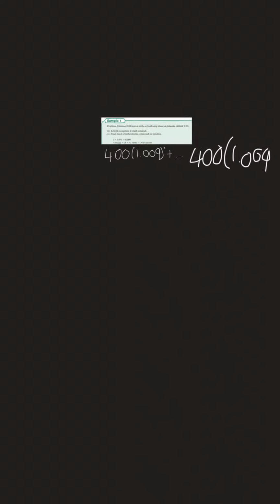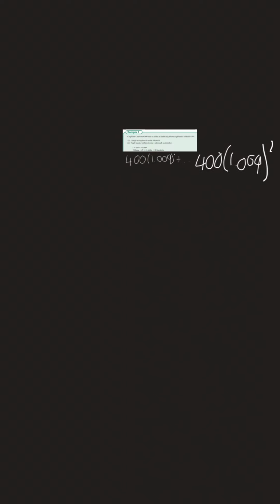Then after another 3 months she's adding in another 400, so it's 400 times 1.009, and the rate doesn't change, and that's going to be squared.